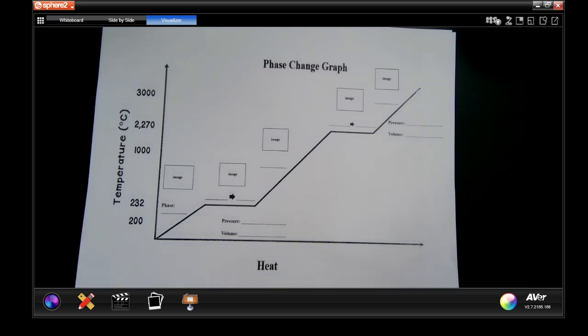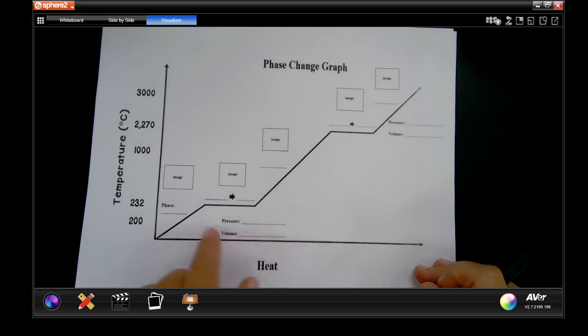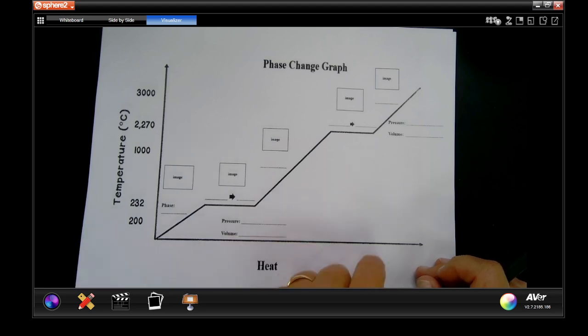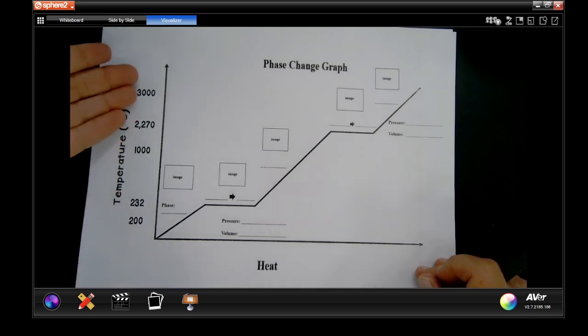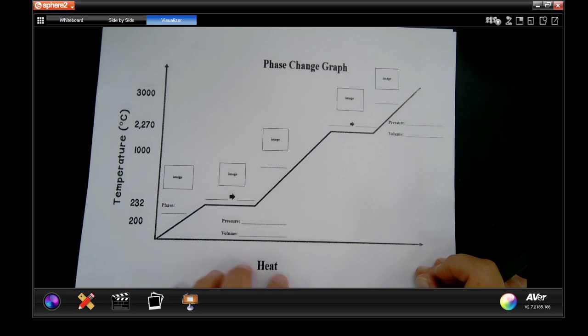So a lot of students will ask me, are we increasing in heat? Yes, we're increasing in heat because we're increasing in speed. We're not increasing in mass here, but remember, heat depends on 2 things, temperature and mass, okay? So as we increase temperature, we're increasing that heat.